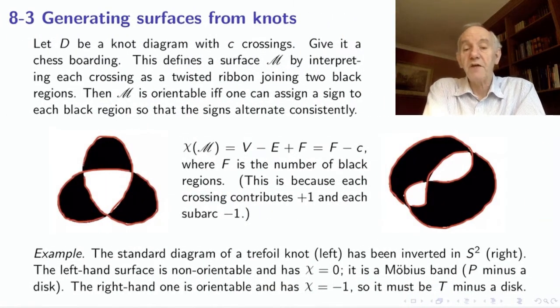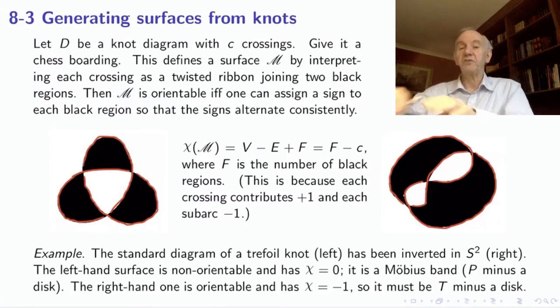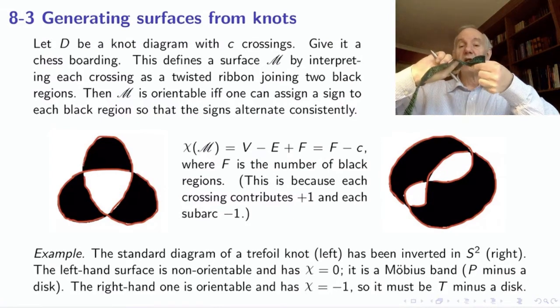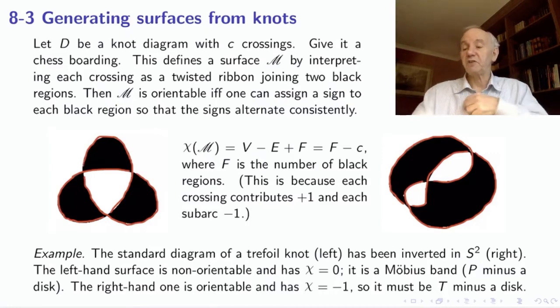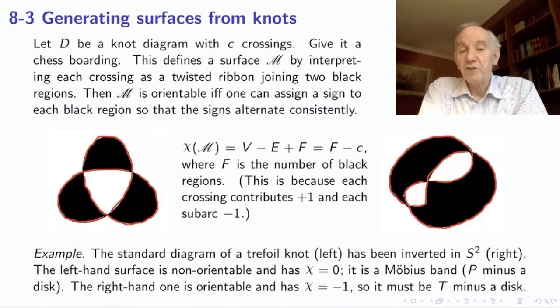As we said, the Euler characteristic on the left is 0, the one on the right is minus 1. So the one on the right, the black cloth surface with these twists at each crossing to reflect the crossing itself, will be an orientable surface, and its boundary will be the knot with the given crossings. That's the point.